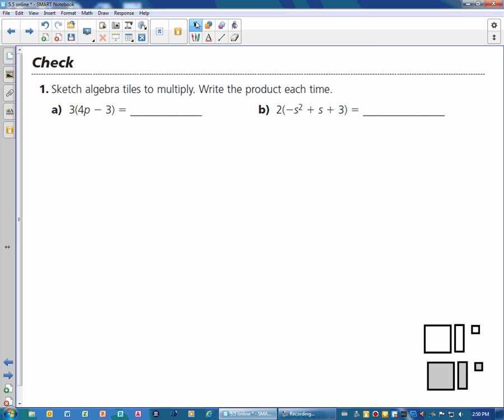All right, so the check asks us to sketch algebra tiles to multiply and write the product each time. So 3 sets of 4p minus 3. Okay, do a 4p. There's 4p, do minus 3.